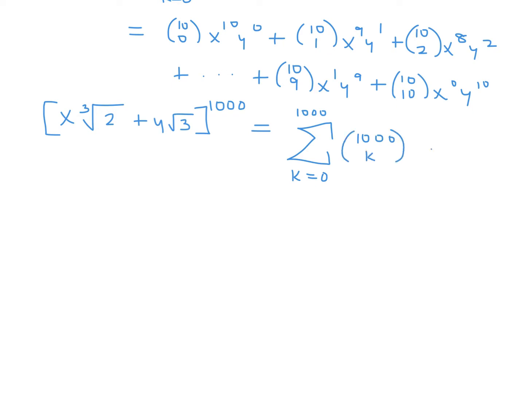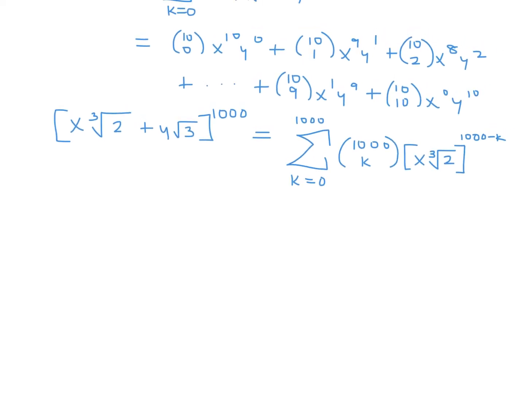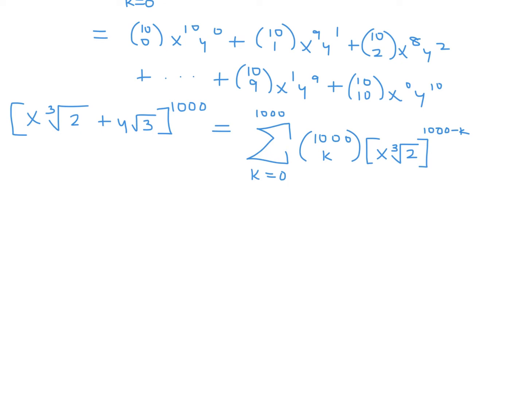And then our first term is x times the cube root of 2, all to the 1000 minus k. And then there will be the next term, which is y times the square root of 3, all to the power of k. Okay, that's basically all it is.